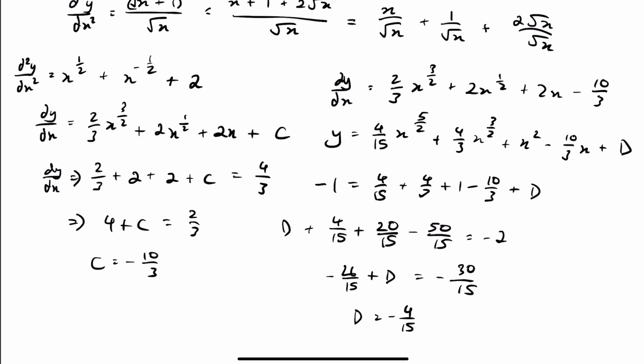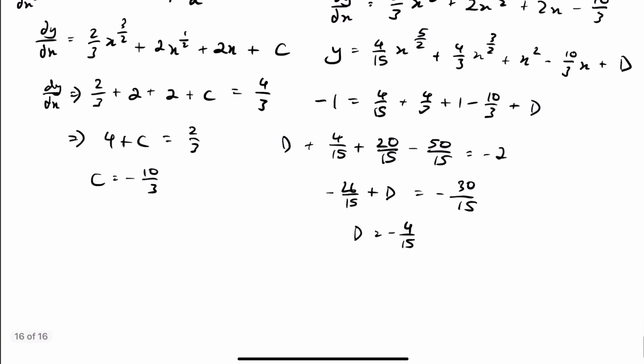Now let's just check one more time. So if we were to collapse these two, that would give us negative 6 over 3, and negative 6 over 3 is negative 2. So we could bring the negative 2 to the other side and give us positive 1, and then subtract this 1 to get, yes, so this should be correct. So we have d is equal to negative 4 over 15.